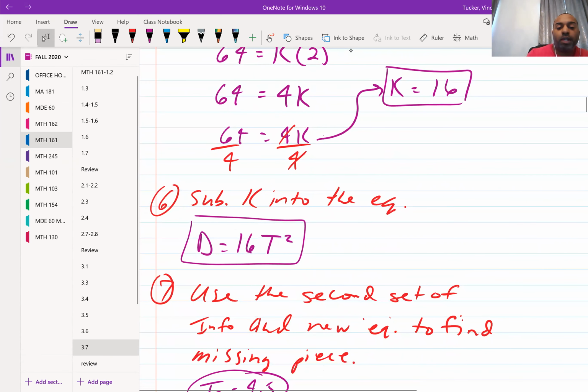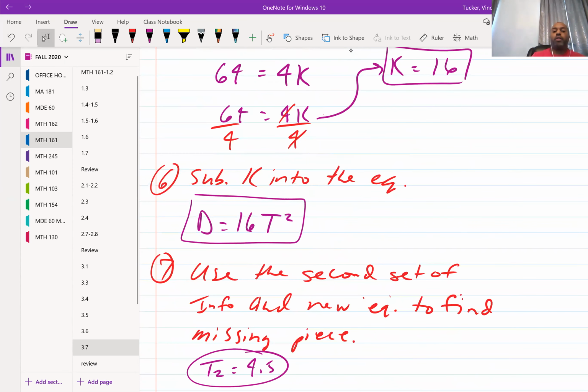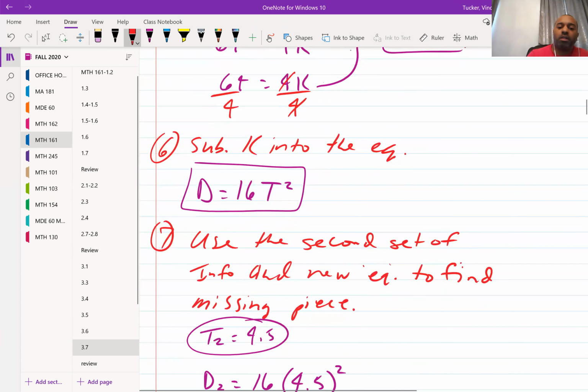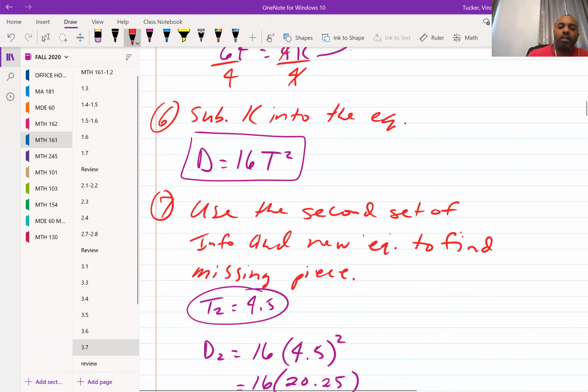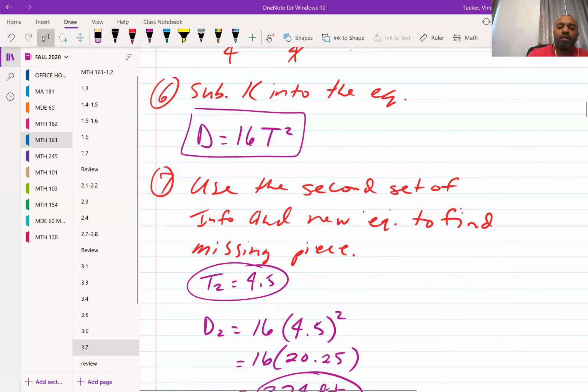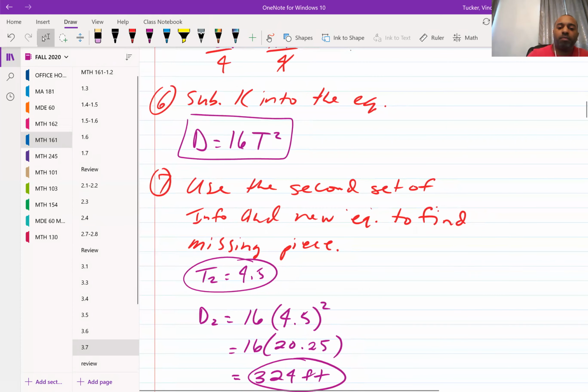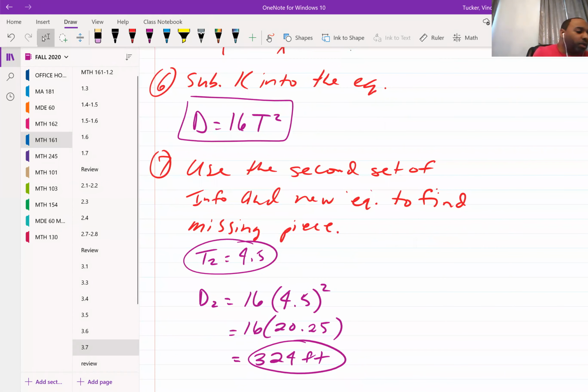And now we can use the second set of information and the new equation, with 16 in it, to find the missing piece. So our second T was 4.5. Plug it into the equation. 16 times 4.5 squared will give you 324 feet.